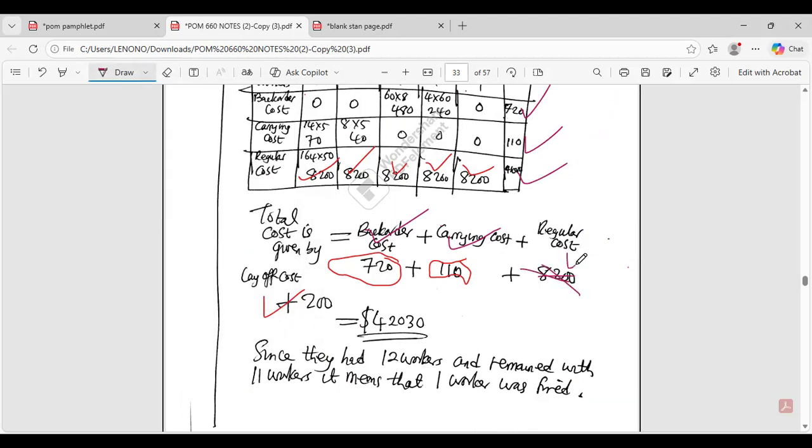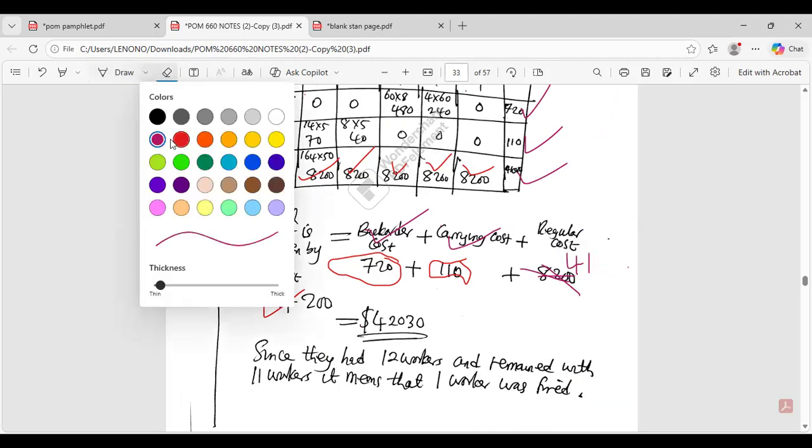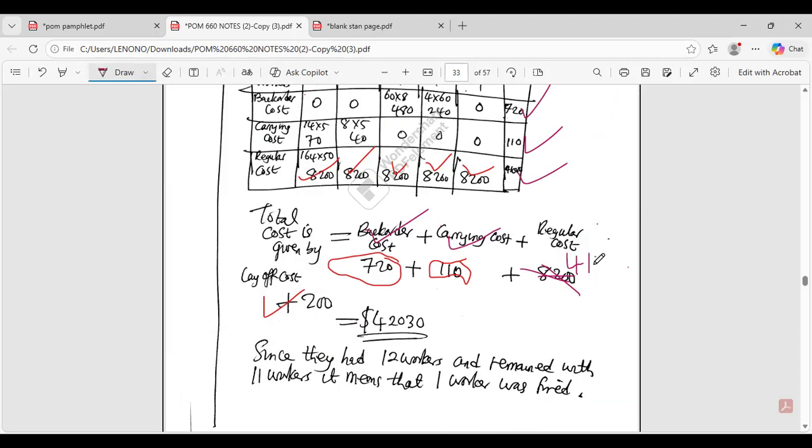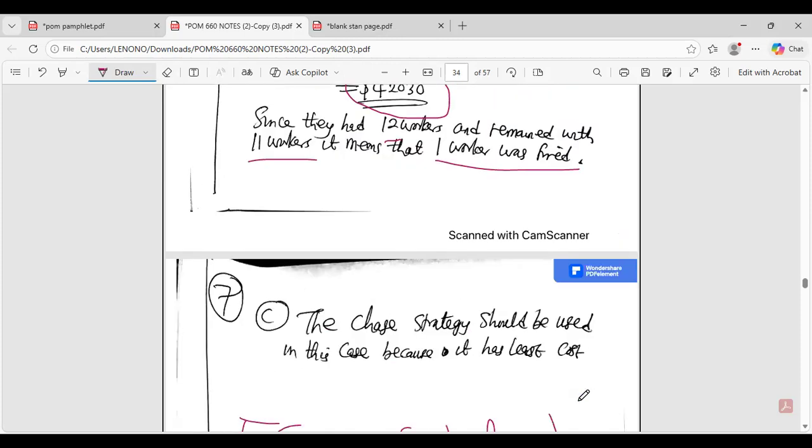Because we added for 5 periods. So this is 41,000. And then adding these other ones, 41,110 and this one, it's giving us 42,000. So meaning that you compare now, since they had 12 workers and remained with 11 workers, it means that we fired one.